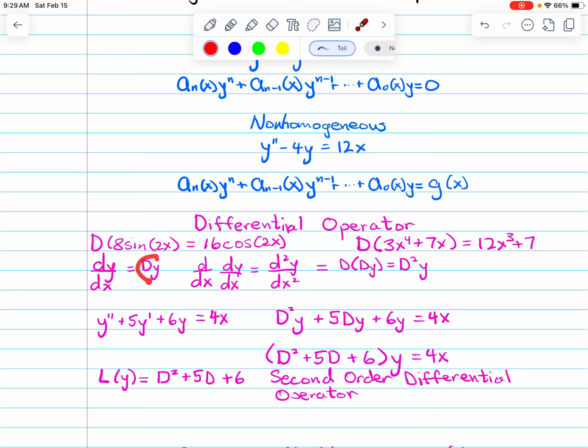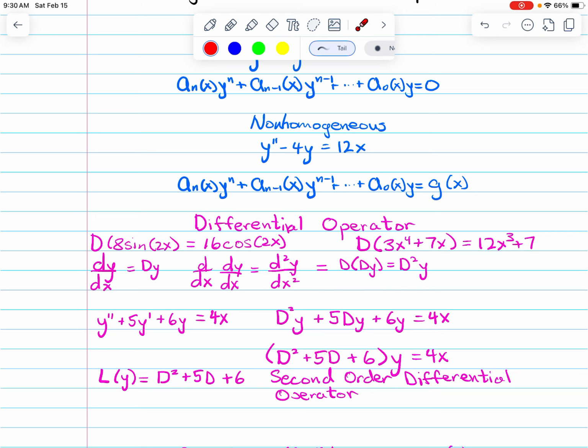What we're saying is that's just the same as capital D of y. Now think about if I take a second derivative. So I've got d dx of dy dx. And of course, we're used to this notation right here. But using this differential operator, we've got the first derivative here, and then D on the outside, and it lends itself to this notation. So that's the second derivative of y. Okay, that's kind of a clever notation.